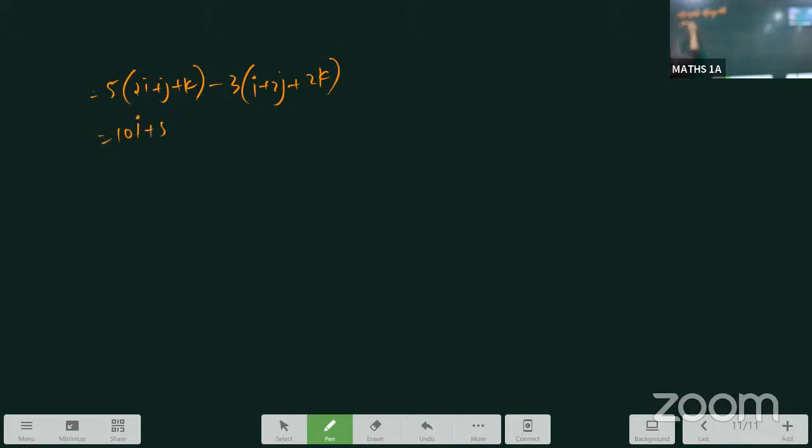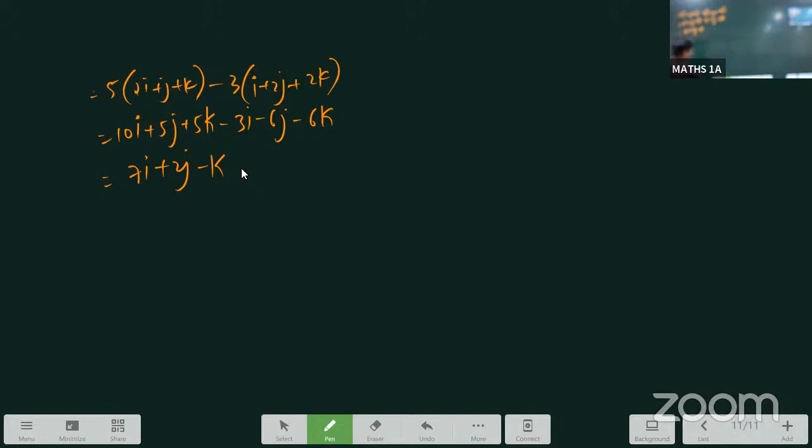5 2s are 10i plus 5j plus 5k minus 3i, 6j, 6k. 10i minus 3i is 7i, plus 2j, minus k. 5 2s are 10, minus 3 is 7. 5 minus 6 is minus j.